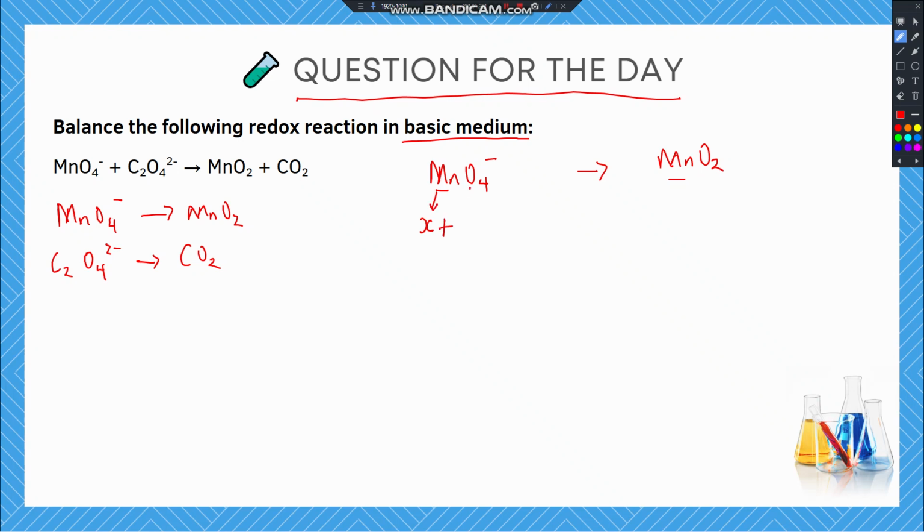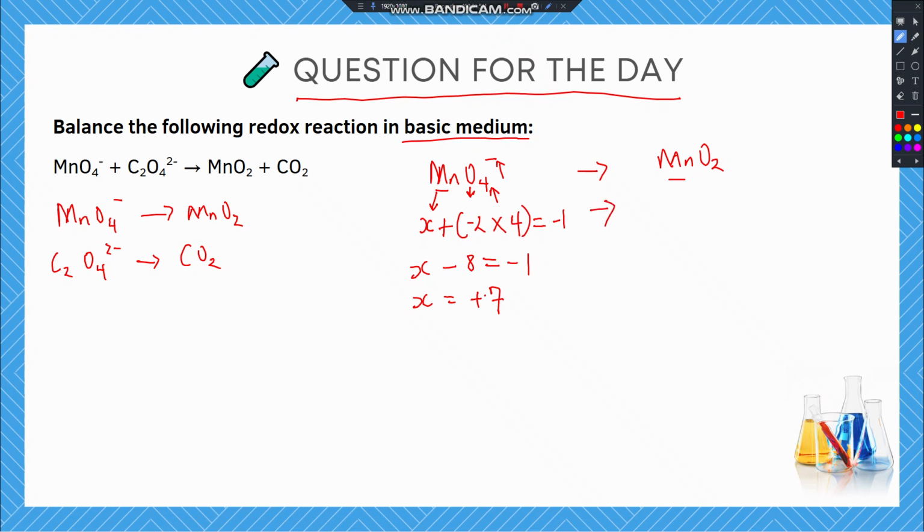X plus the oxidation number of oxygen in compounds, which is -2, multiplied by the number of atoms of oxygen that we have, which is 4, is equal to the overall charge, which is -1. So we have X minus 8 is equal to -1. X is equal to +7.